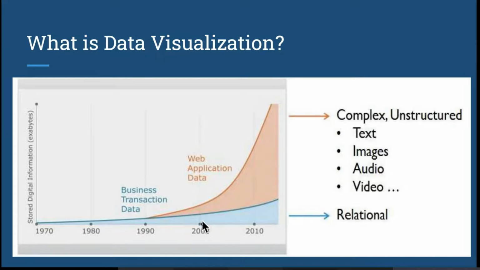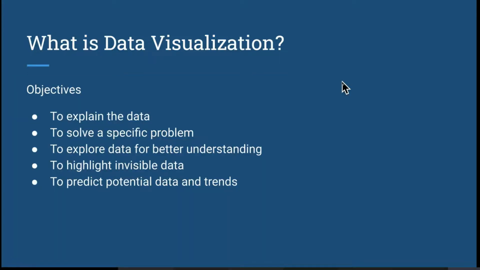That means all the bank data and all those things. But as we progress into social media and the internet, we have a lot more unstructured data, like messages, images, and videos that we share on the different social media. So we tend to see more unstructured data nowadays.